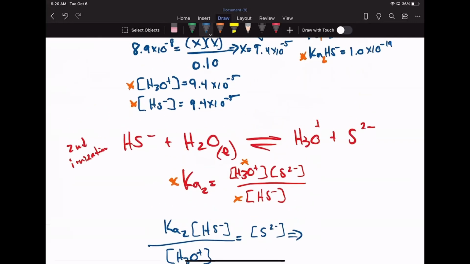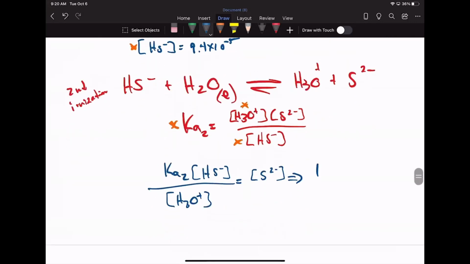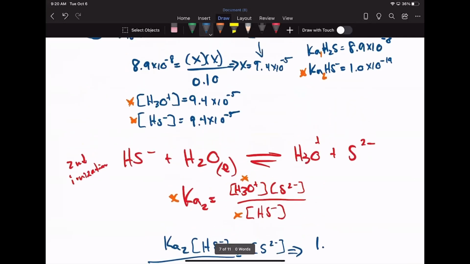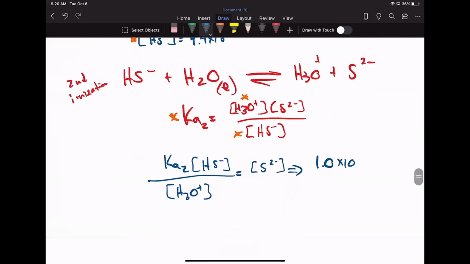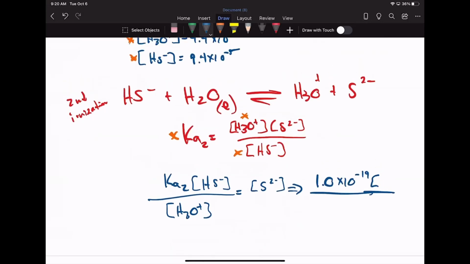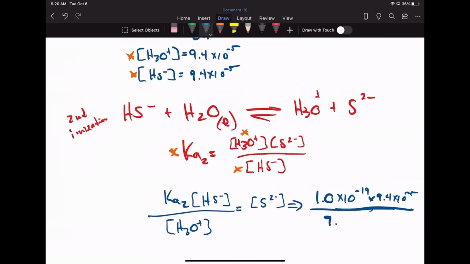We're going to say the Ka2, 1.0 times 10 to the minus 19, times the concentration of HS minus, 9.4 times 10 to the minus 5, divided by the concentration of H3O plus, which is 9.4 times 10 to the minus 5.